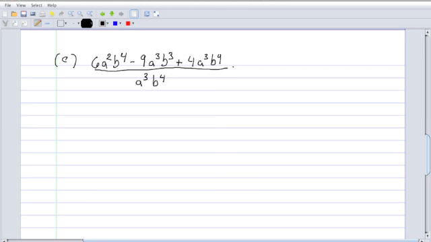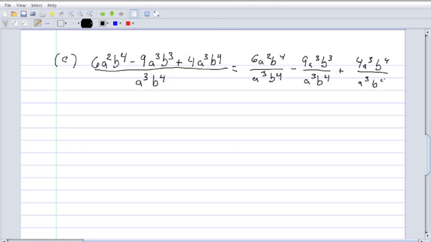So this becomes, alright, 6a squared b to the fourth divided by a cubed b to the fourth, minus 9a cubed b cubed over a cubed b to the fourth, plus a cubed b to the fourth over a cubed b to the fourth.